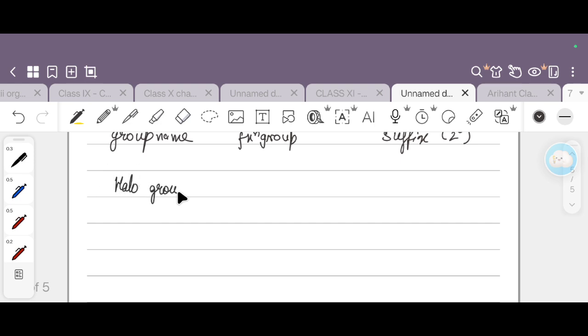Here we have the halogen family like fluorine, chlorine, bromine, iodine. For this we use a prefix halo in front of the compound.